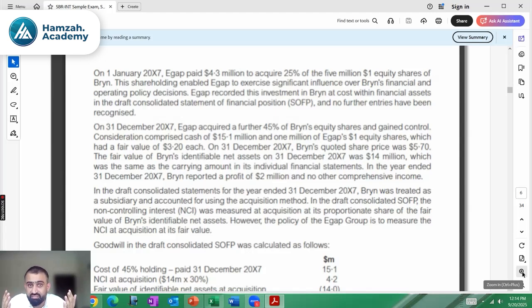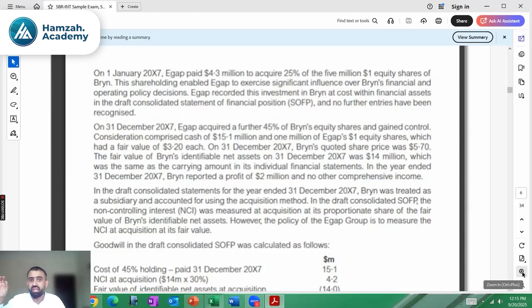But what they have done, they have treated it as a financial asset in the consolidated financial statement, which is totally wrong. Because if you have a significant influence over the investee company, then in a consolidated financial statement, it is mandatory that you must apply the equity method.